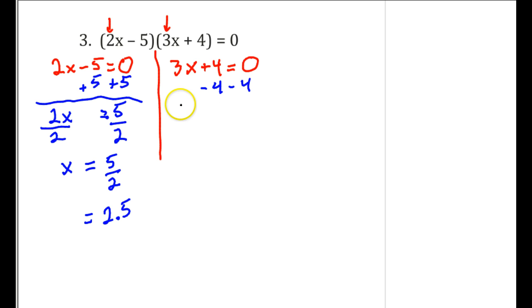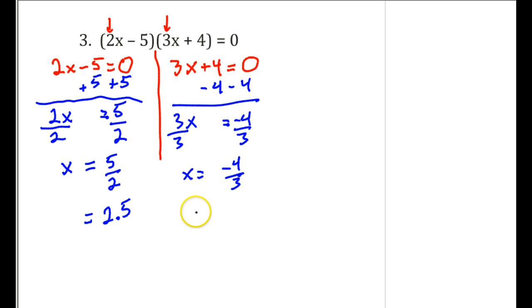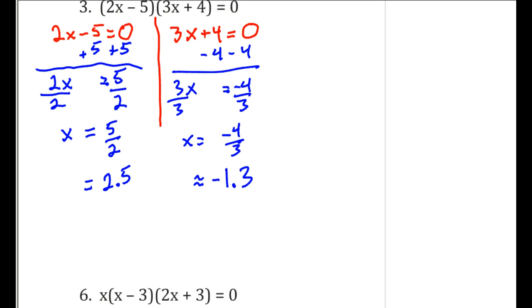If you subtract 4 on both sides, 3x equals -4. So divide by 3, and x equals -4/3, and that as a decimal is 1.3 repeating, which will round to -1.3 approximately.